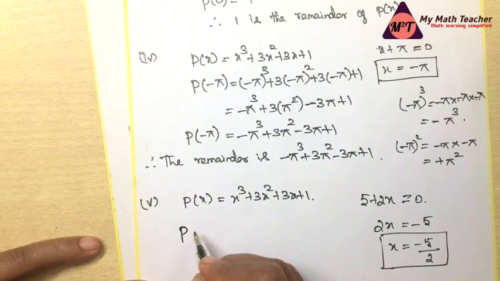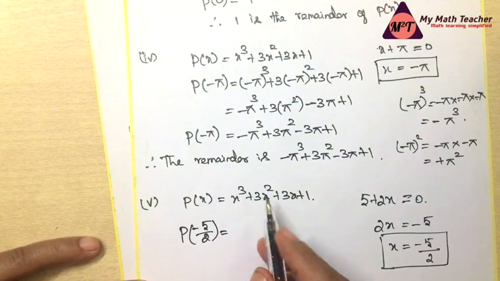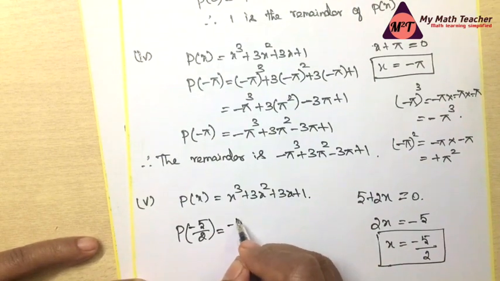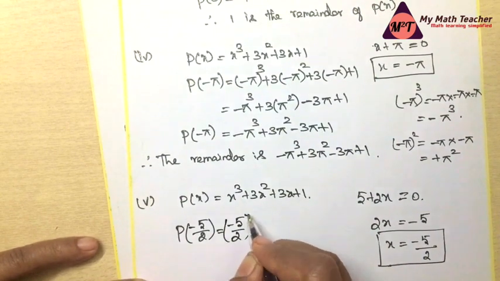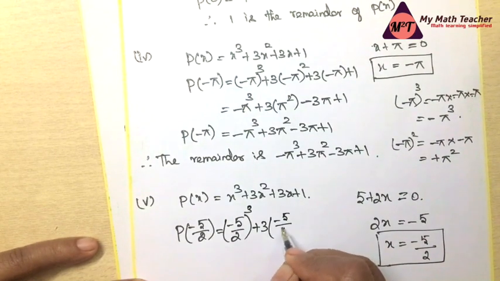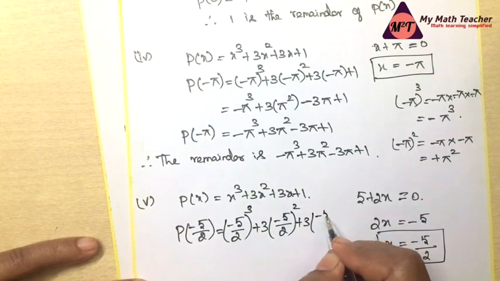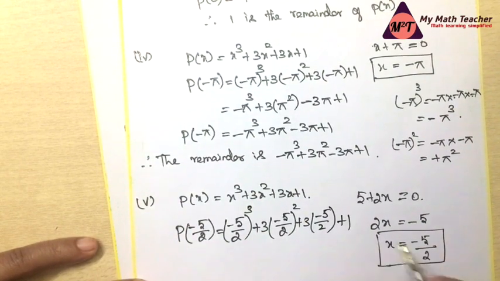That is p of minus 5 by 2 is equal to x cube. X cube is minus 5 by 2 the whole cube plus 3 into minus 5 by 2 the whole square plus 3 into minus 5 by 2 plus 1. Okay.